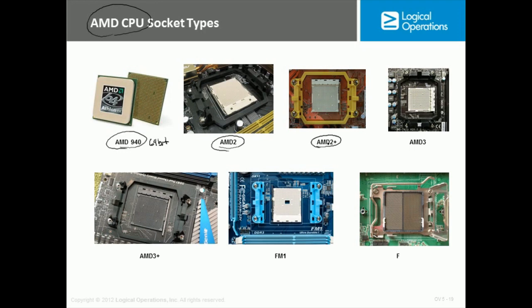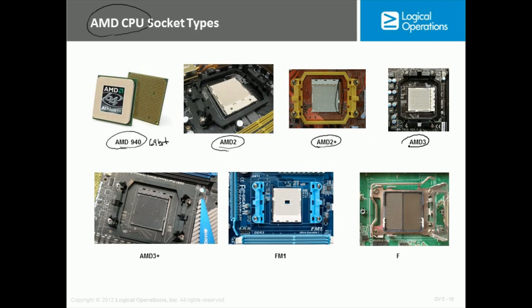The AM2 Plus is designed to replace the AM2, and they are, again, similar in design as far as the type of processor they can support. You'll also notice, again, that they all have that ZIF arm, or most of them do.